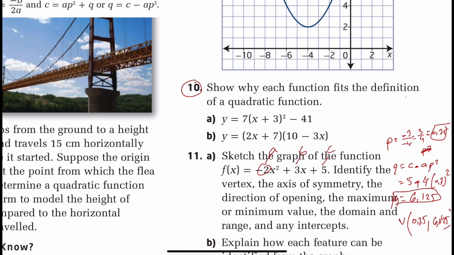So let me draw x, this is y. Okay, and my vertex is 0.75, and for example this is 1. So my 0.75 is a little bit less than 1, which is here. And my 6 is here. This is 6.